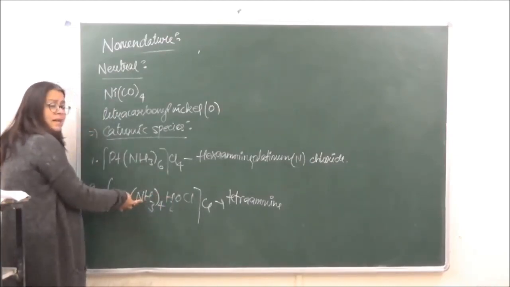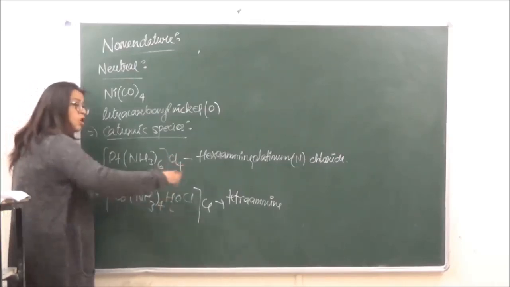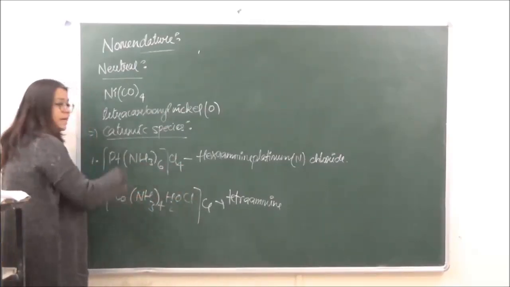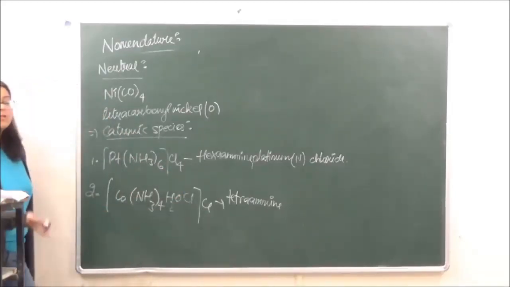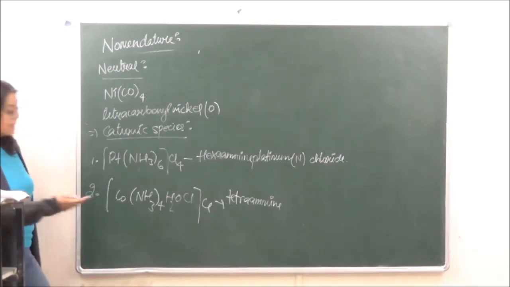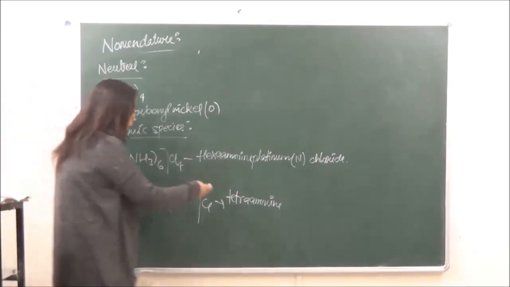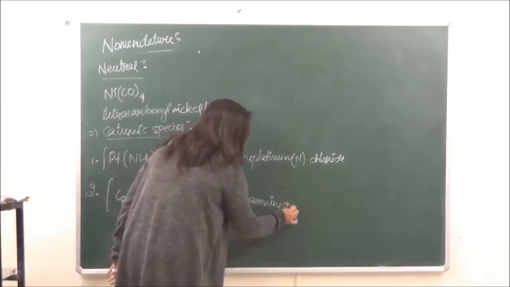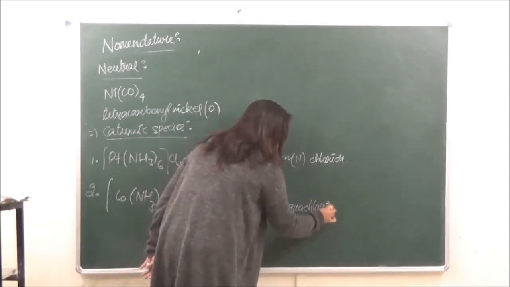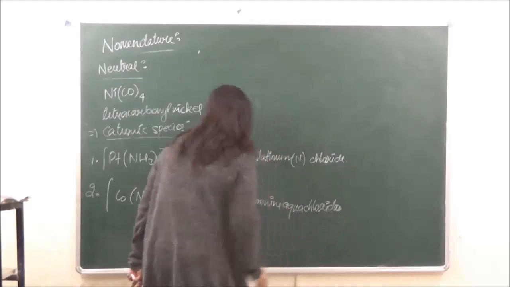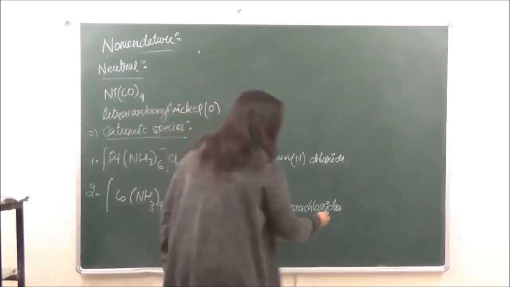They both start with A, isn't it? So then you go on to the next letter. In amine the next letter is M, in aqua the next letter is Q. So M comes first, then Q. Therefore we will first name amine, and after that aqua, chlorido, then we have cobalt.